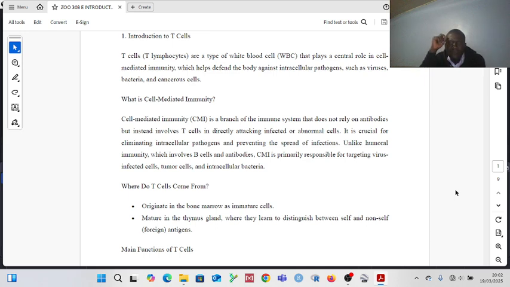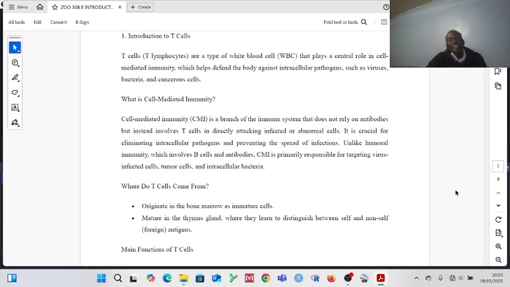So cell-mediated immunity, which we also abbreviate as CMI, is primarily responsible for targeting cells that are infected with viruses, cells that have tumor, so the tumor cells, and the intracellular bacteria. So you are talking of a cell that has a pathogen inside it, or a cell that is abnormal.